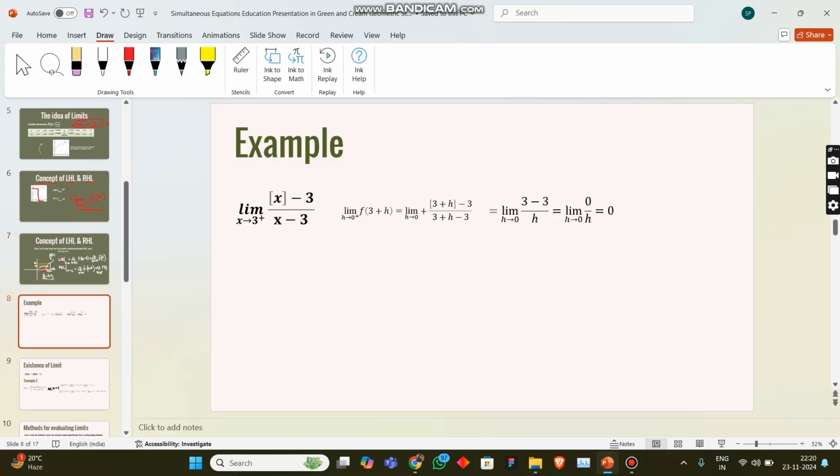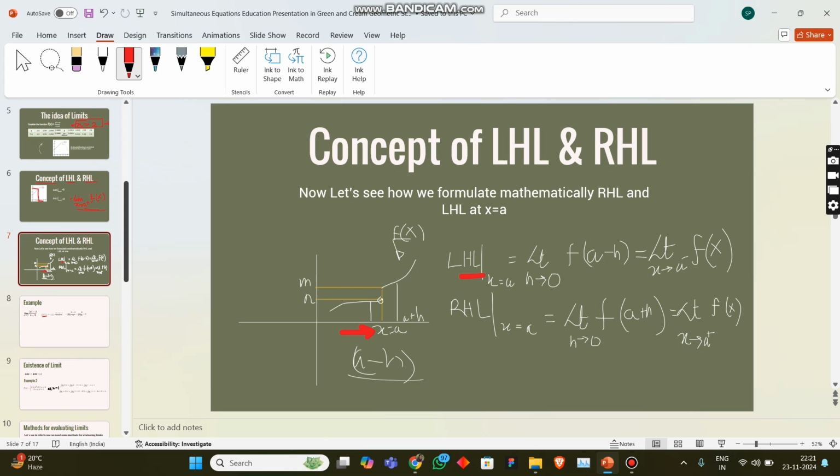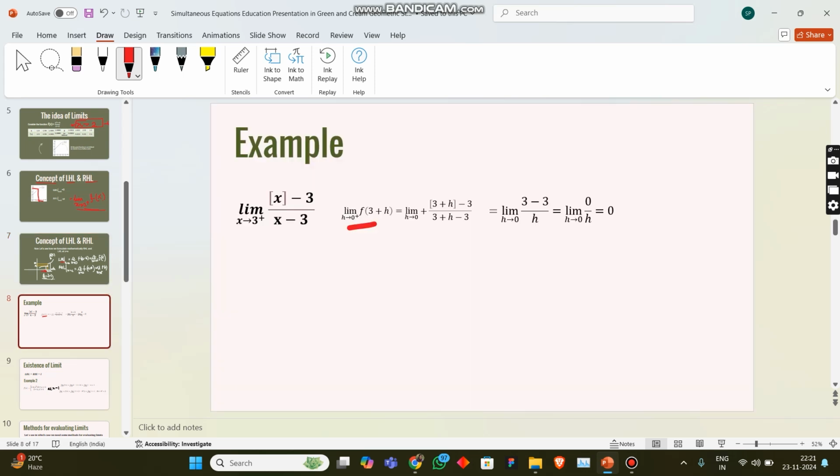Okay. So here is an example where x is the greatest integer or box function. We know that from the knowledge of our algebra. Suppose we are applying the basic formula, which is this. We have to find the right hand limit as x tends to 3 for this limit. So we just put x in place of a plus h. We are replacing x with a plus h.